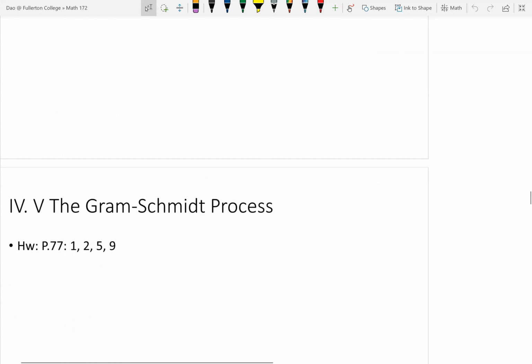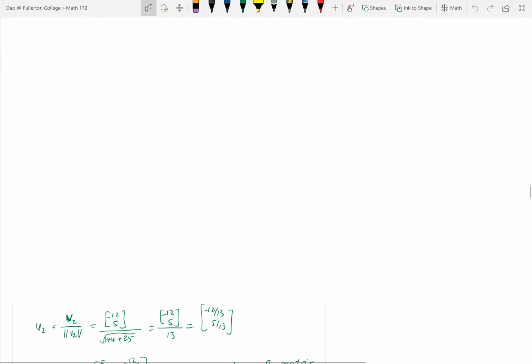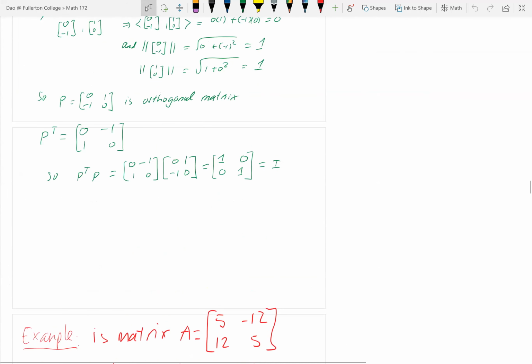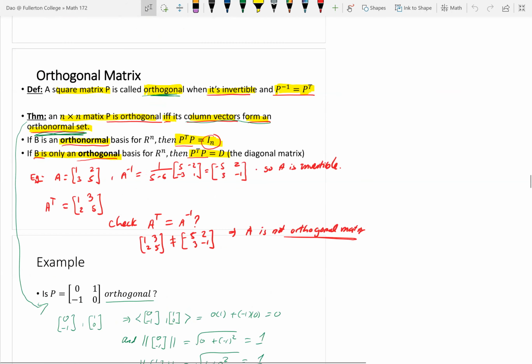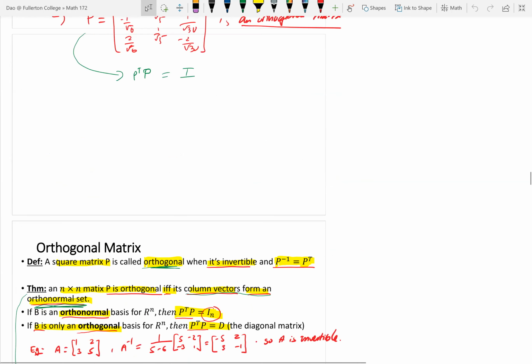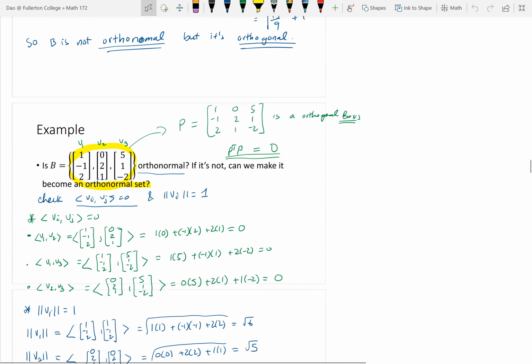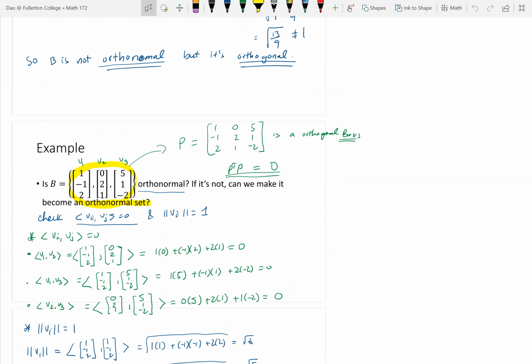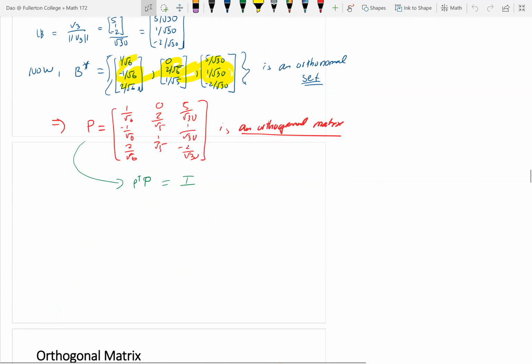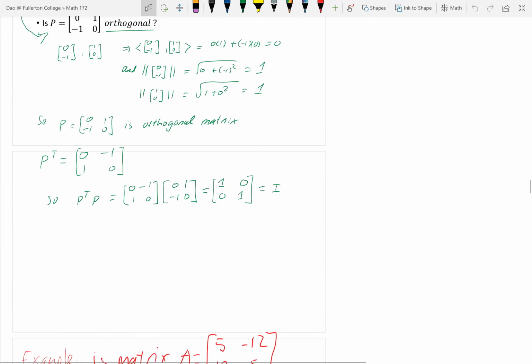In the previous sections, to see whether a basis is orthogonal or orthonormal, we needed to check a few conditions, right? That's what I mentioned up here. In this section, we can generate an orthonormal basis without knowing whether the whole thing is going to be an orthonormal basis or not. This is what we call the Gram-Schmidt process.